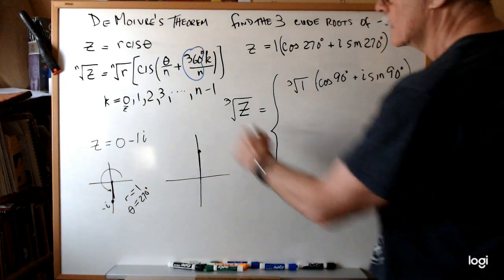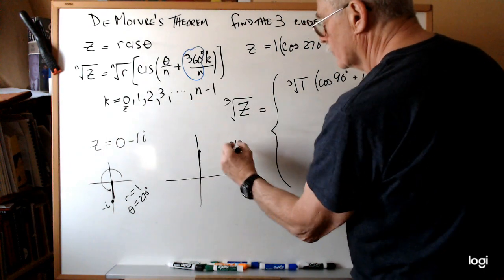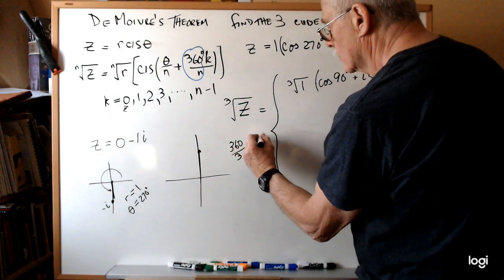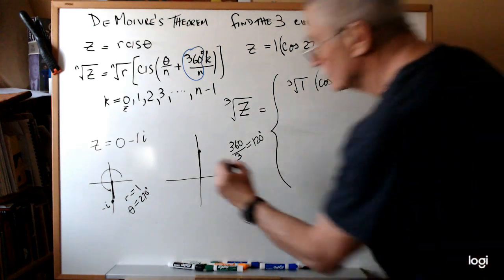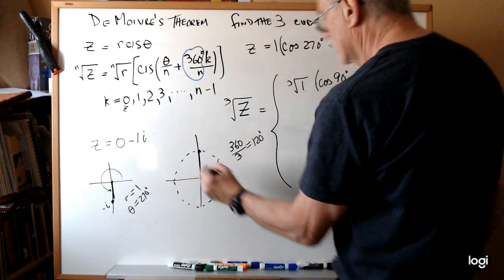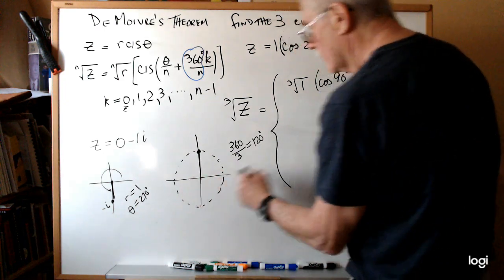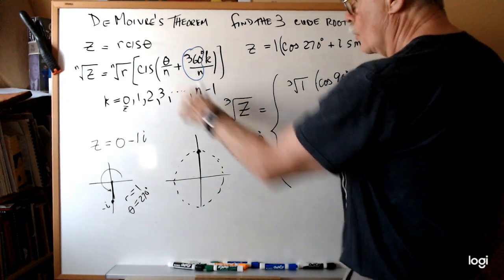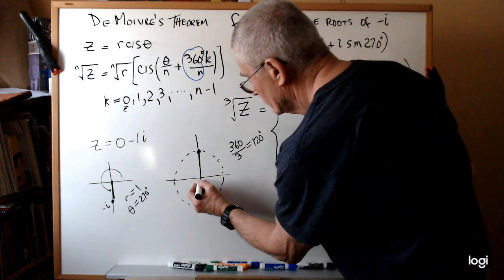So if you take 360 and you divide by 3, we're doing cube roots, then we're going to get a cube root every 120 degrees. So let's make our little diagram here. Okay, so this is 90, and then we're going to get 120 more than that. So 90 and 120 is 210.